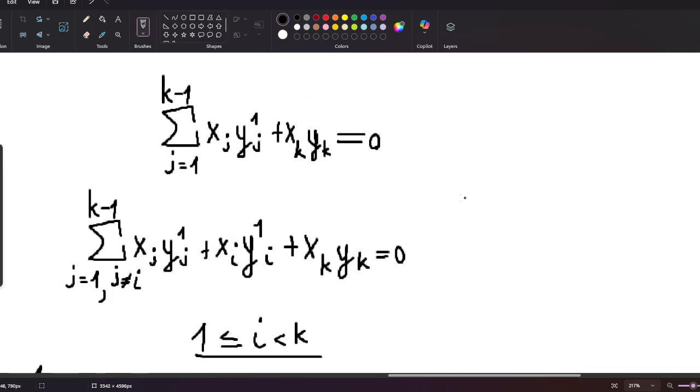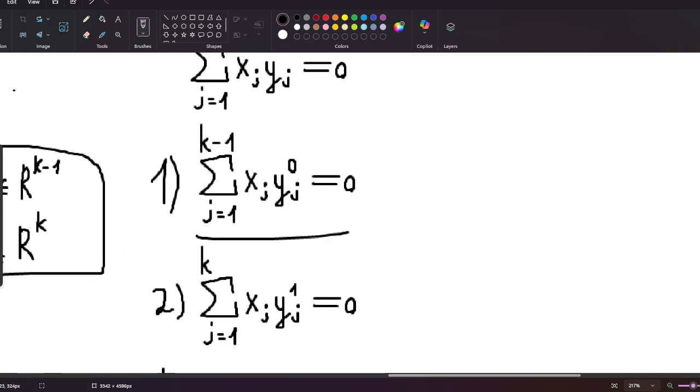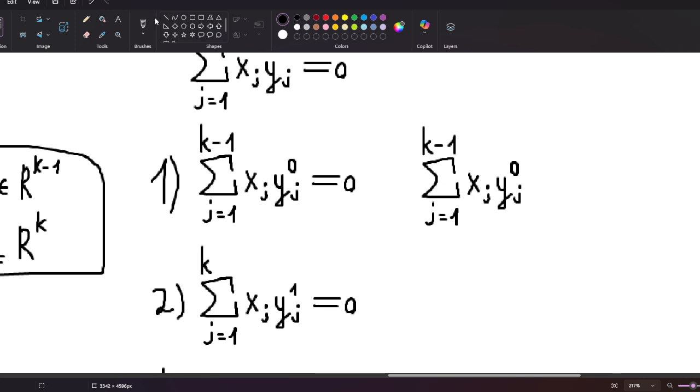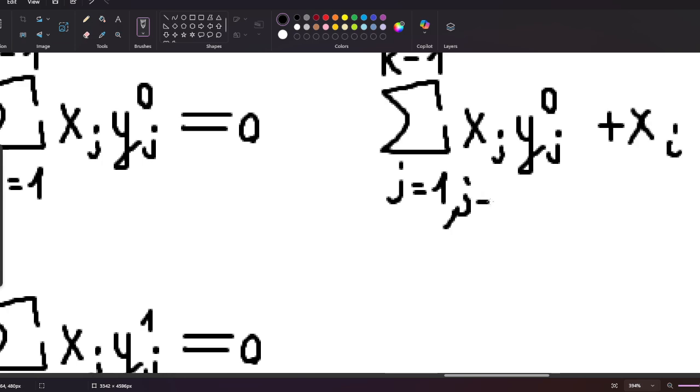So what we have here is we can go back here, we can rewrite this as the sum over j not equal to i of xj yj0, plus xi yi0 equals 0.